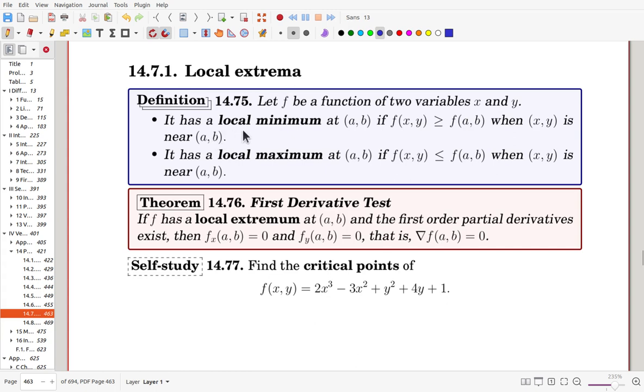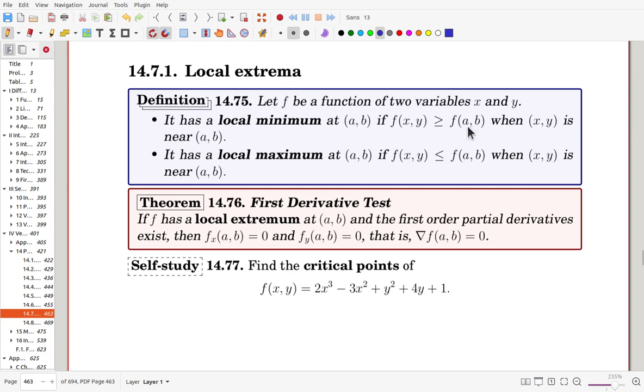The function has a local minimum at the point (a, b) if f of (x, y) is larger than or equal to f of (a, b). Here (x, y) is chosen near around (a, b). At (a, b), f has a minimum value in the surrounding area.